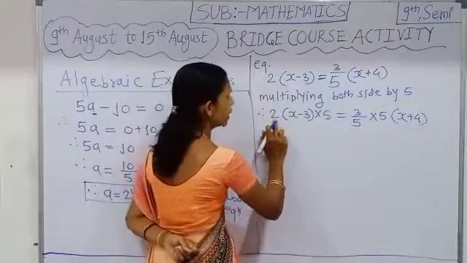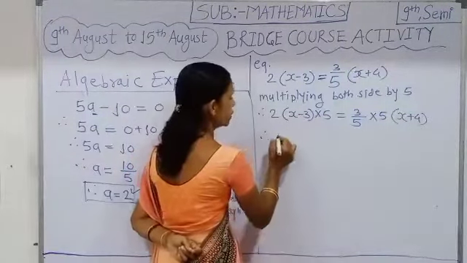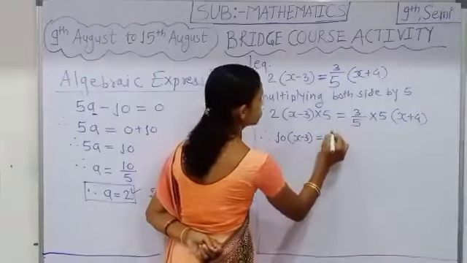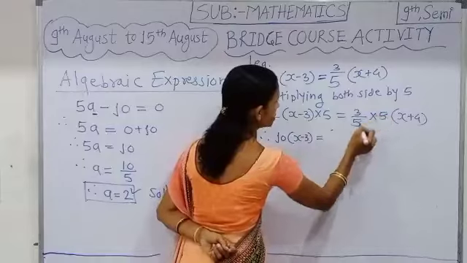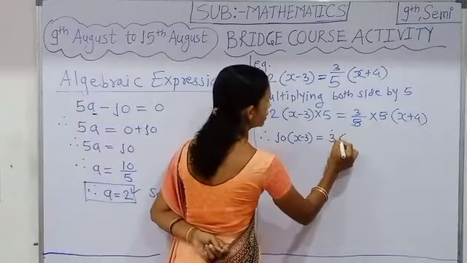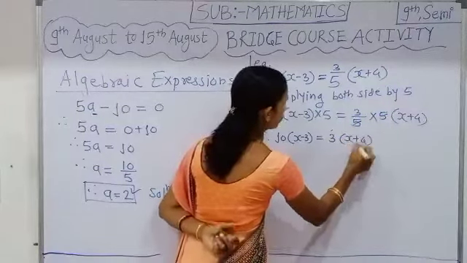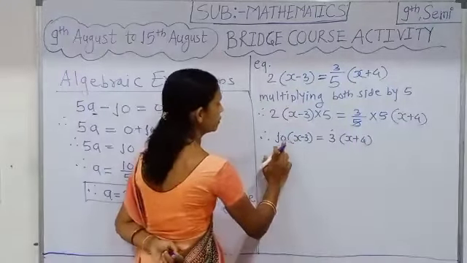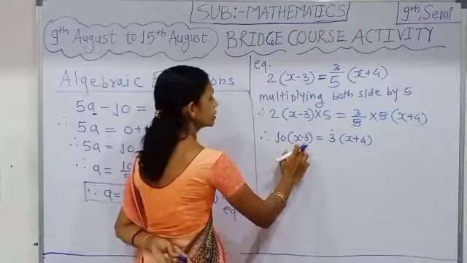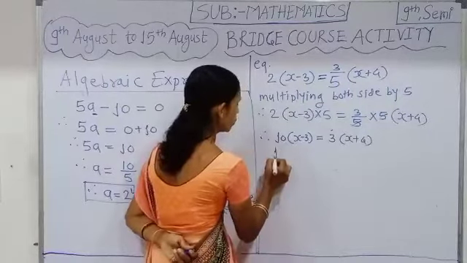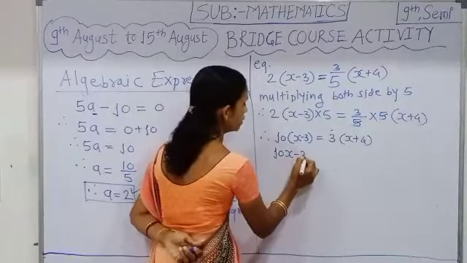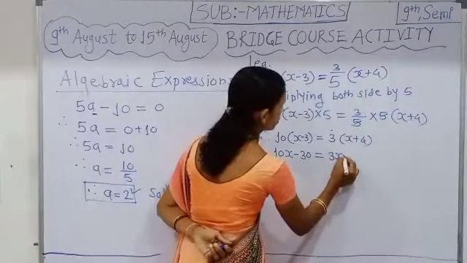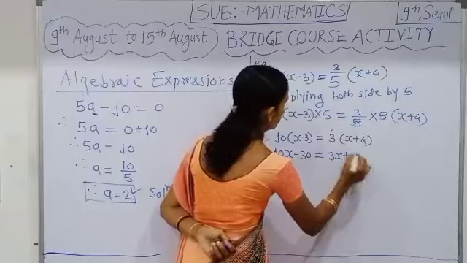Therefore, here we get 2 into 5, that is 10 into x minus 3 is equal to, here 5 gets cancelled, therefore here we get 3 into x plus 4. Then we have to multiply by 10 to this bracket. Therefore, we get 10x minus 30 is equal to 3x plus 12.